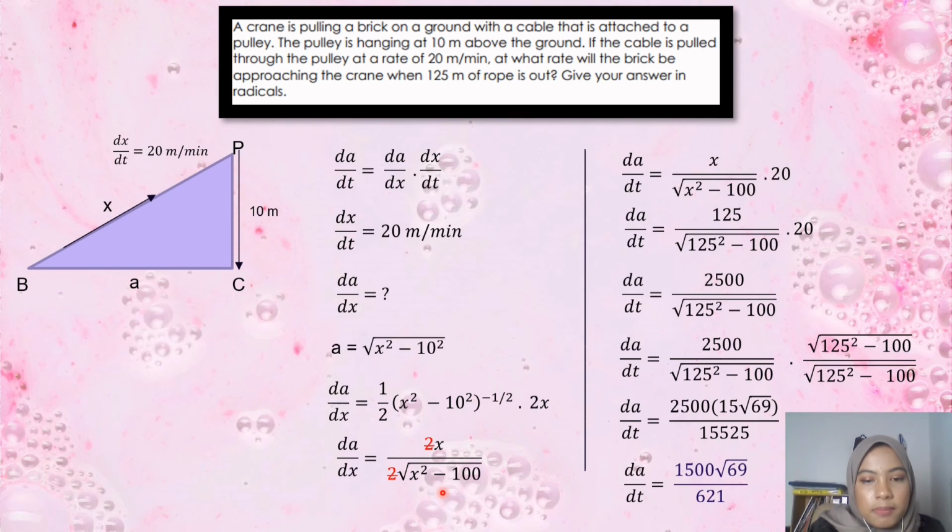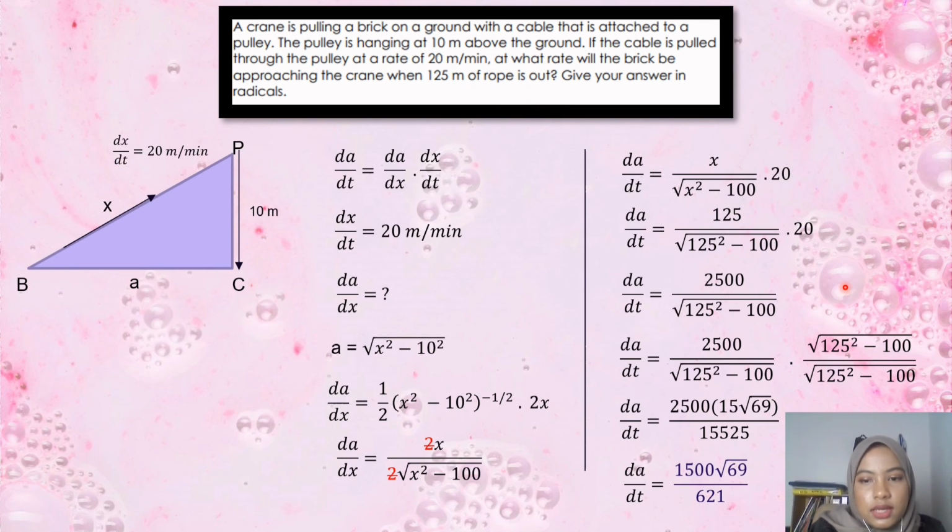Making it into the simplest form, the final dA/dX is X over the square root of X squared minus 100. Now you already know dA/dX and dX/dt. You just need to put them into the equation for dA/dt, and substitute X with 125, because the question asks for when 125 meters of rope is out.